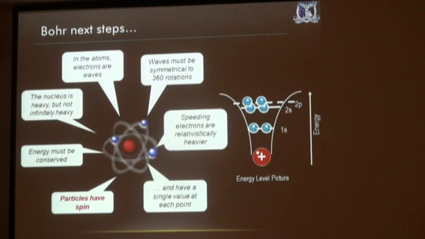The electron wave function, the description of where it is in this wave, has to have a single value at each point. There can't be two numbers for the electron at each point. And also, in some atoms, the electrons are orbiting so fast, quantum doublethink again, that relativistic effects are important and the electrons are very heavy. And finally, the electrons and the nucleus both spin about their axis.